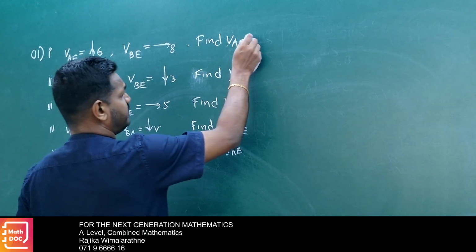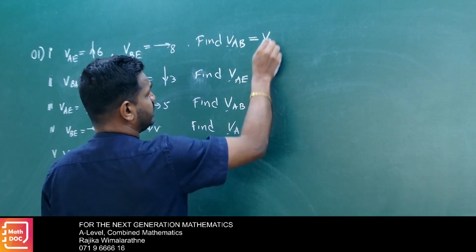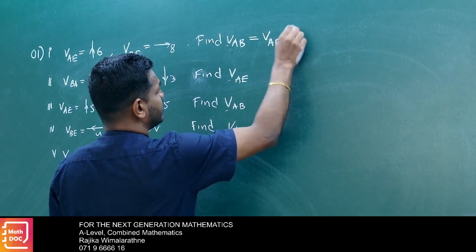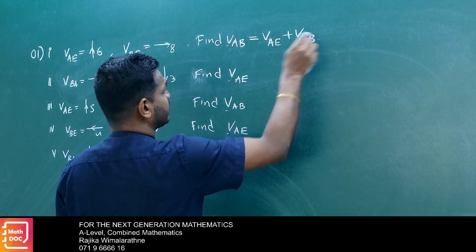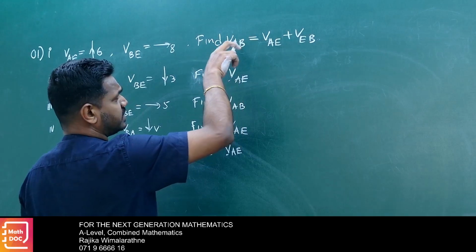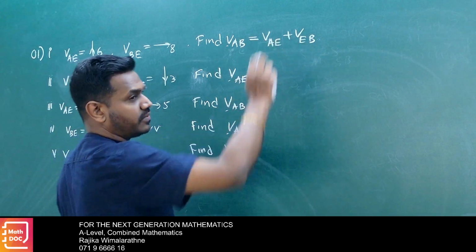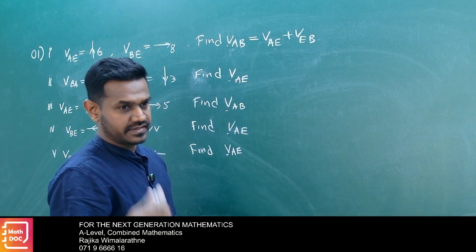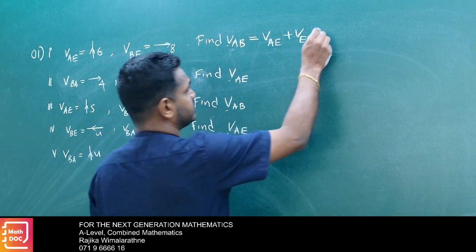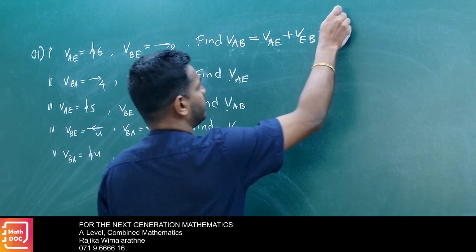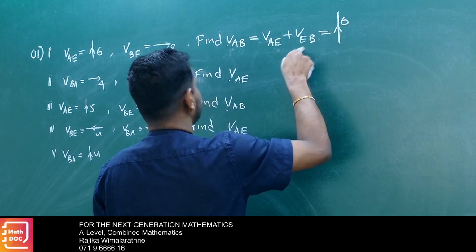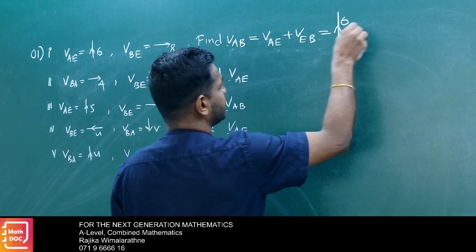Here find VAB. Then write VAE plus VEB. Here the relative velocity theorem: addition of two velocities, start with A, end with B. Then the common one will be E, no? VAE is upward 6, then VEB is opposite 8.